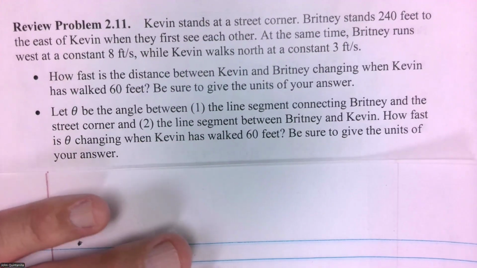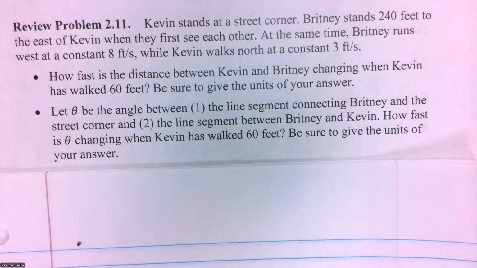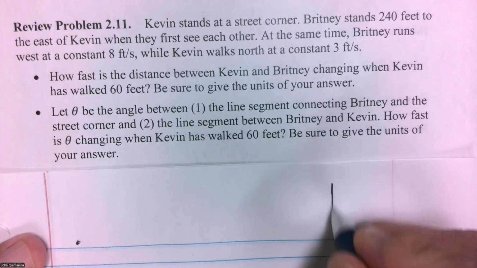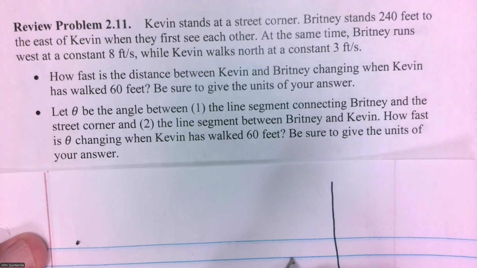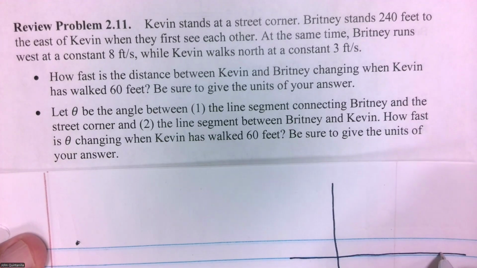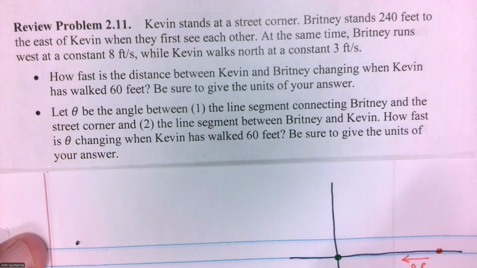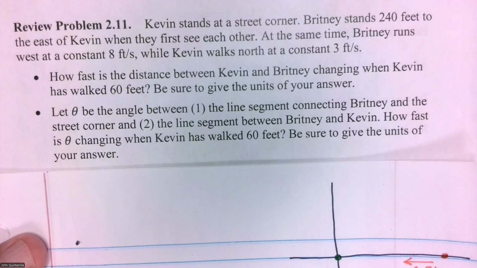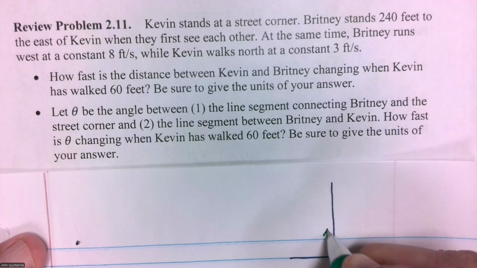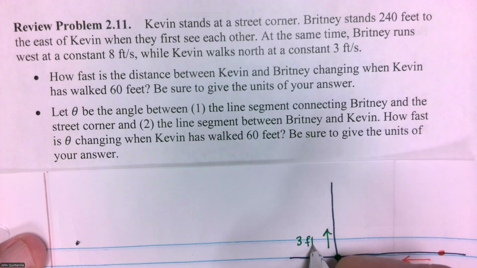Over here to the right, let me draw this related rates problem. Here we have our axes. The initial starting values: Brittany is here in orange, and Kevin is here in green. Brittany starts running this way at 8 feet per second, while Kevin starts walking this way at 3 feet per second.